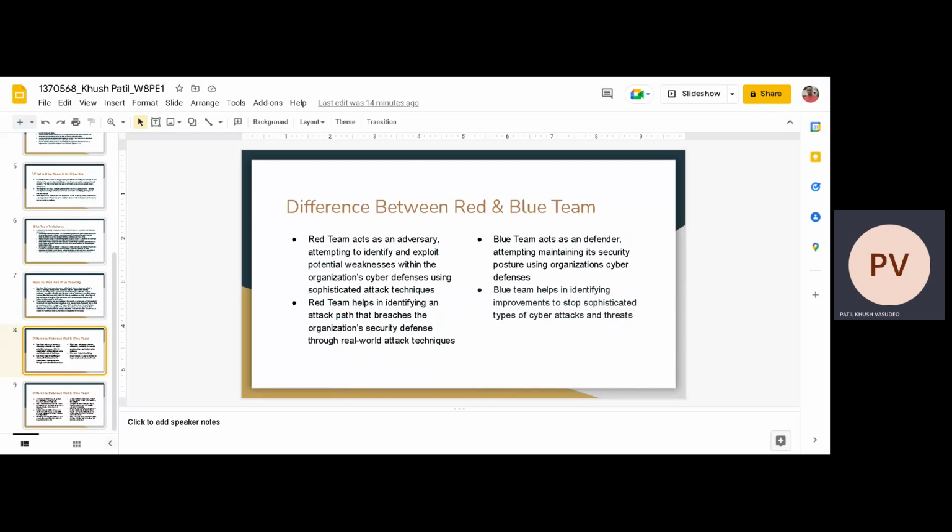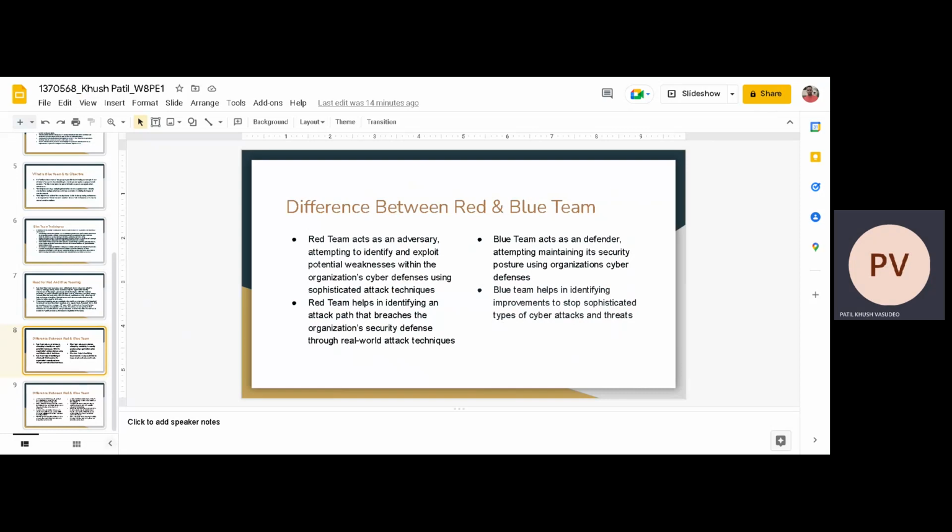So here are the differences between red and blue teaming. A red team acts as an adversary and helps to identify and exploit potential weaknesses.